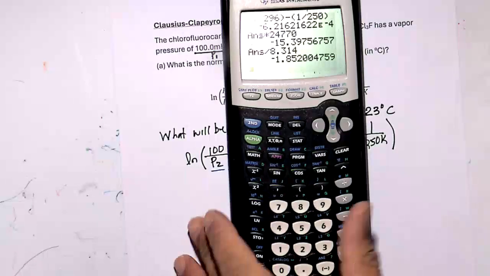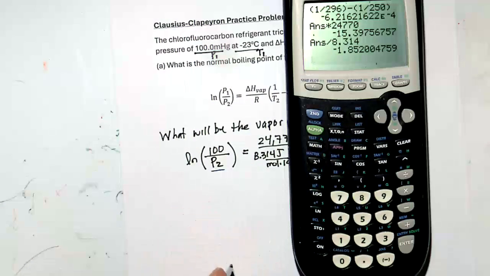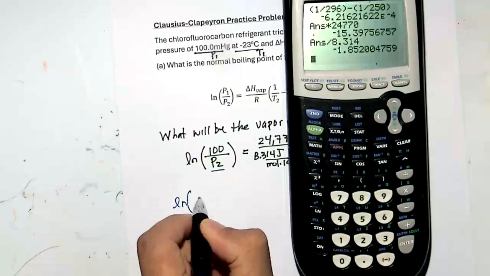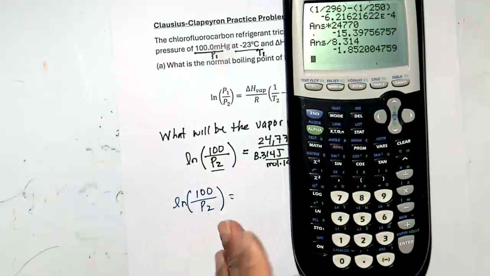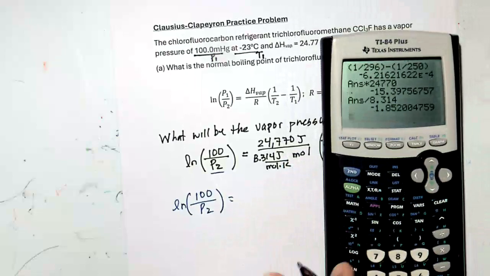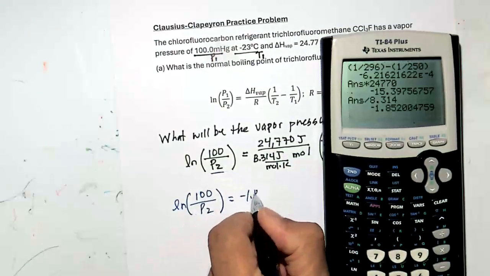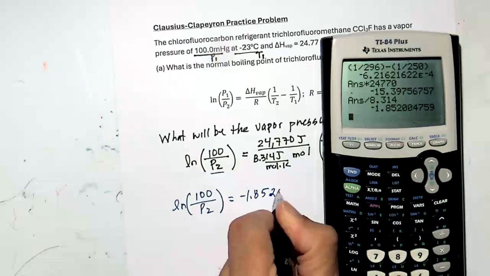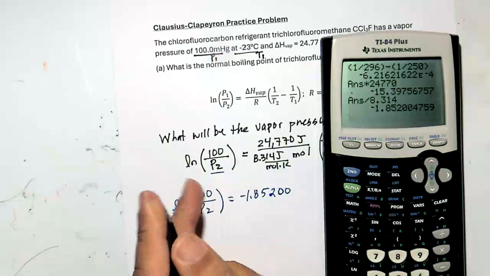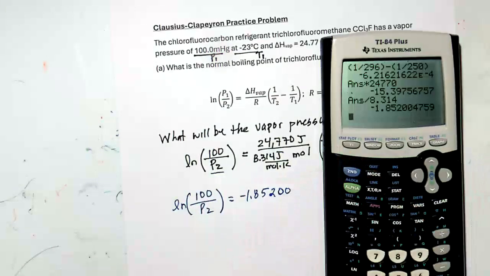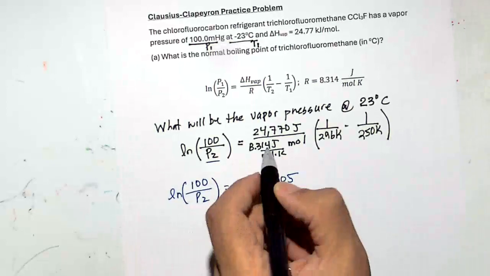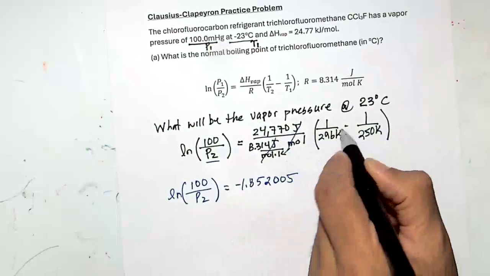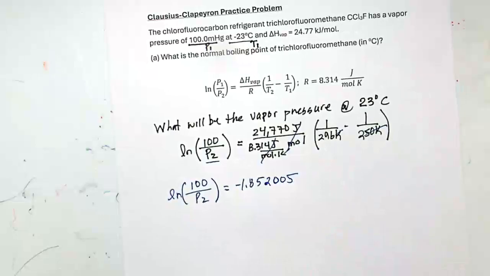And this is what I'm getting: natural log of 100 over P2, which is what I'm trying to solve for, equals this mess, minus 1.85. I'm just going to add some extra digits here, and then we'll cut off at the final answer. And by the way, the units joules per mole Kelvin cancel.